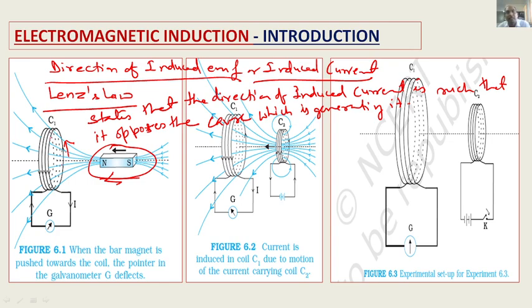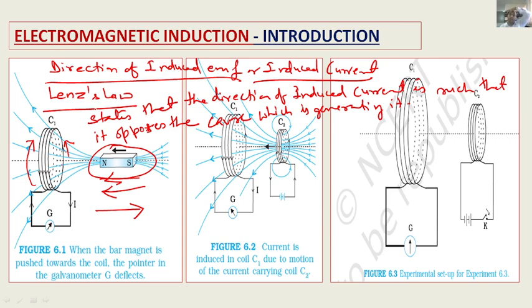It will be anti-clockwise when the bar magnet is moved towards the coil. When the bar magnet is moved away from the coil, the direction of induced current will be clockwise. And that is Lenz's law.